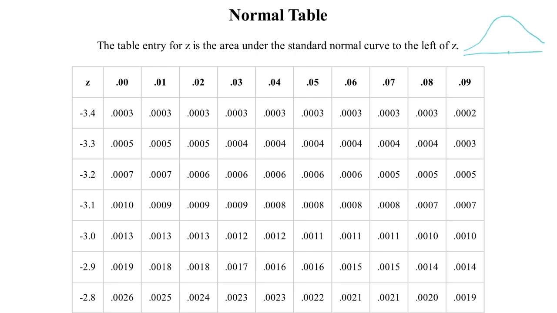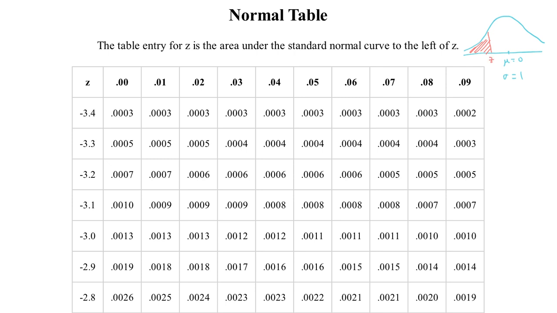What that means is that this is the table for the standard normal distribution where the mean is 0 and the standard deviation is 1, and it only gives us the area on the left-hand side of any z-score.